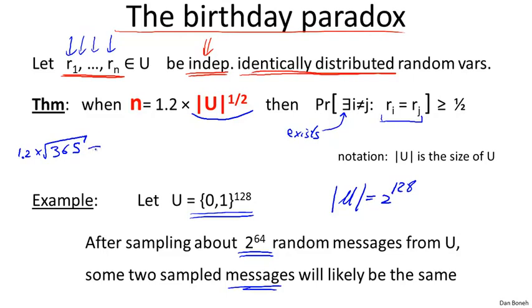This, if I'm not mistaken, is about 24, which means that if 24 random people get together in a room, it's very likely that two of them will actually have the same birthday. This is why it's called a paradox, because 24 supposedly is a smaller number than you would expect. Interestingly, people's birthdays are not actually uniform across all 365 days in the year. There's actually a bias towards September, but I guess that's not relevant to the discussion here.